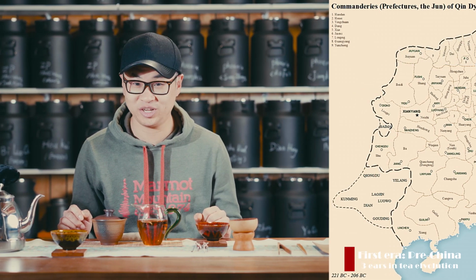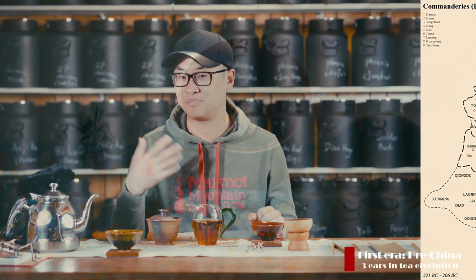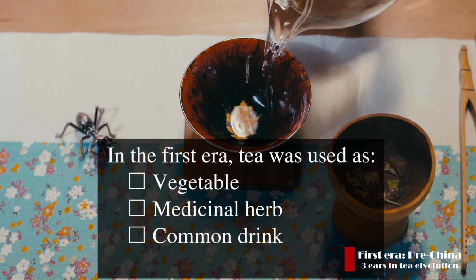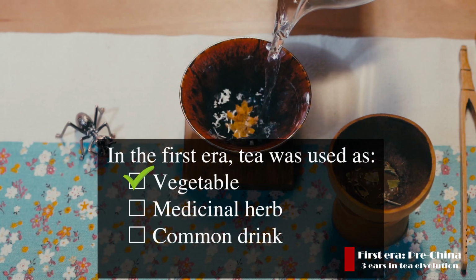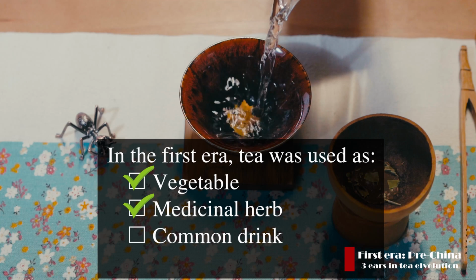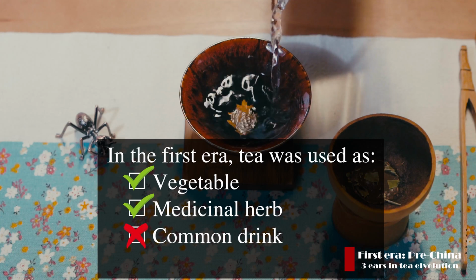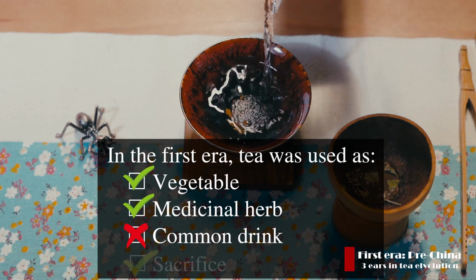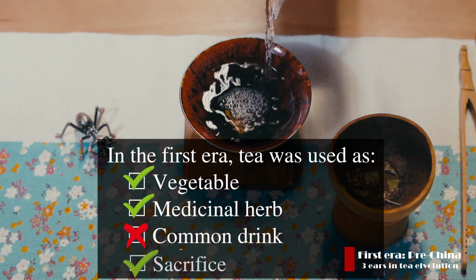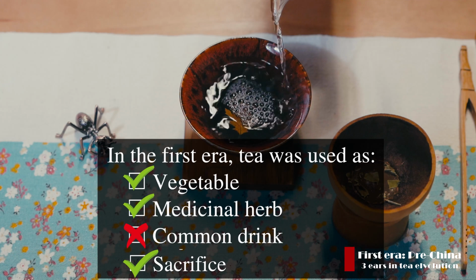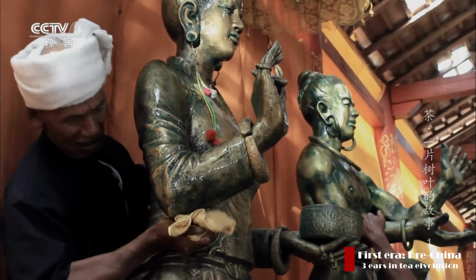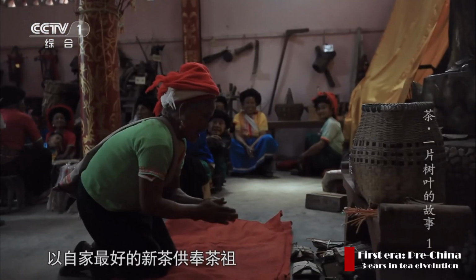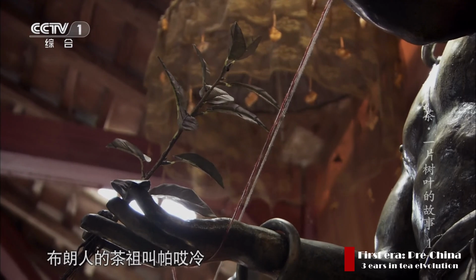However, of all the 3 uses of tea we mentioned in the previous video, tea was mostly used as a vegetable or a medicinal herb rather than a common drink. Also, due to the magical feeling we mentioned, people started attributing tea not only to their emperor, but also to their ancestors or god. Many minorities in China still keep the custom of sacrificing with tea as they believe tea is granted by their god as a favor to them.